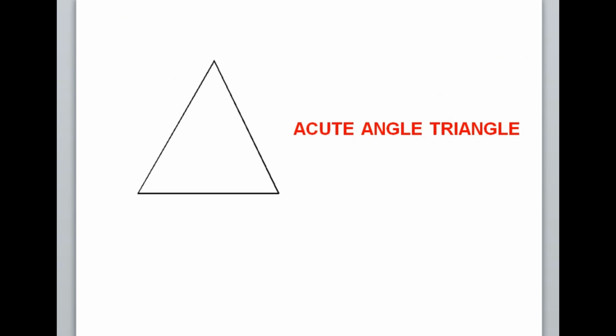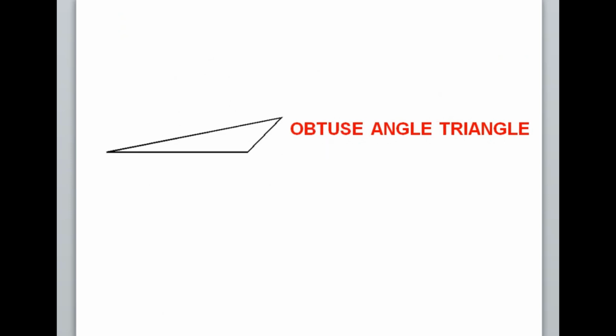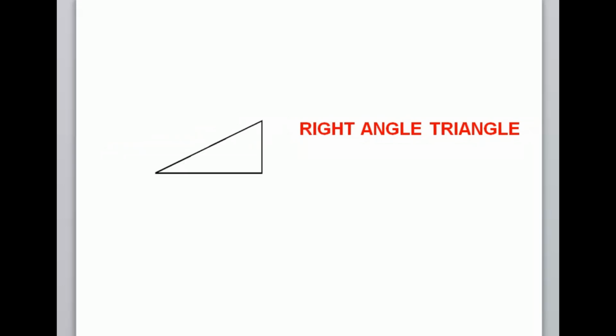An acute angle triangle has all its angles less than 90 degrees. Obtuse angle triangle. An obtuse angle triangle has one of its angles more than 90 degrees. Right angle triangle. A right angle triangle has one of its angles 90 degrees.